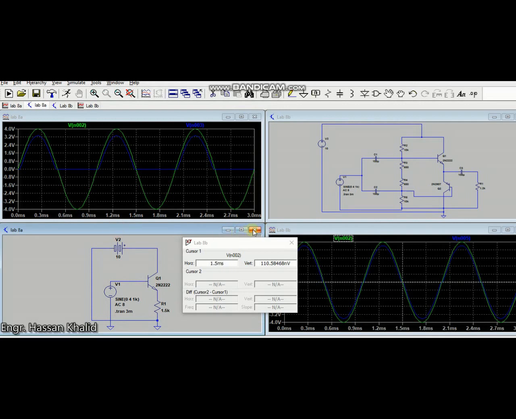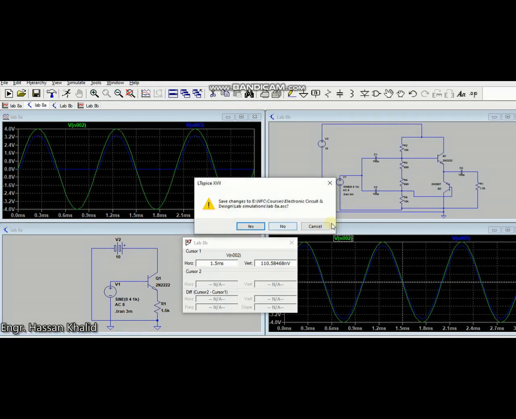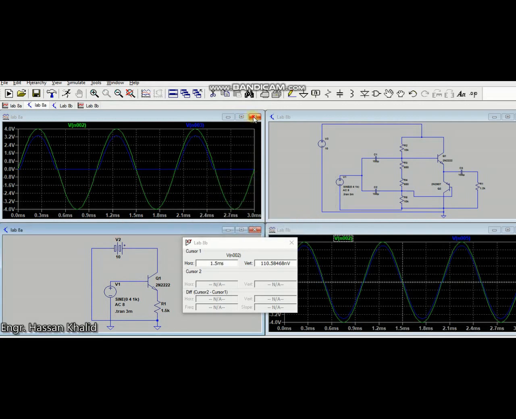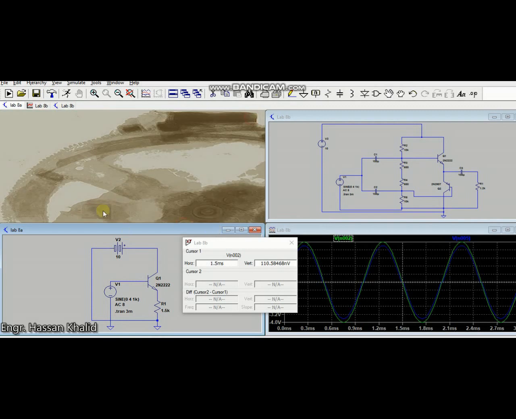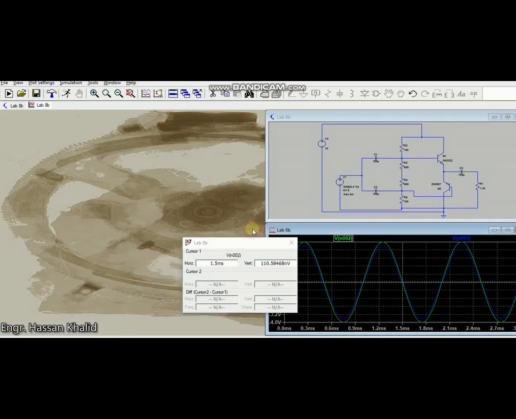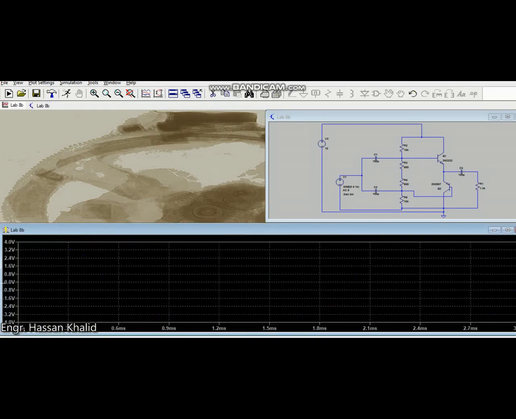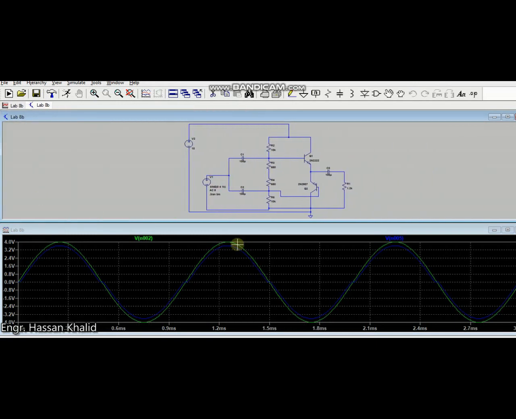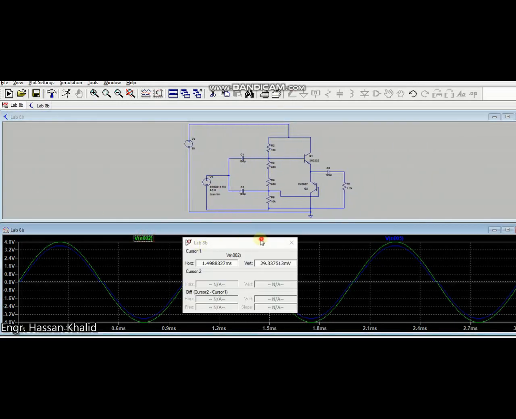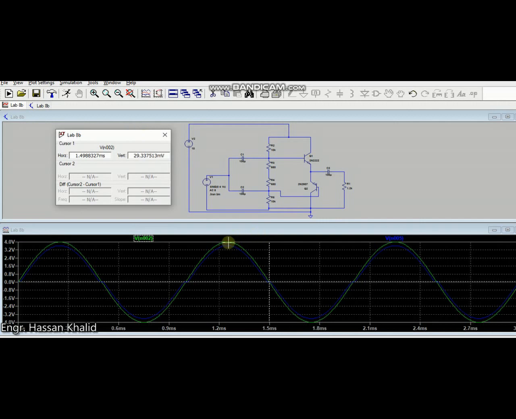For easiness, let us close the extra simulations to get the benefit of the full view. Now this one shows the peak across this one.